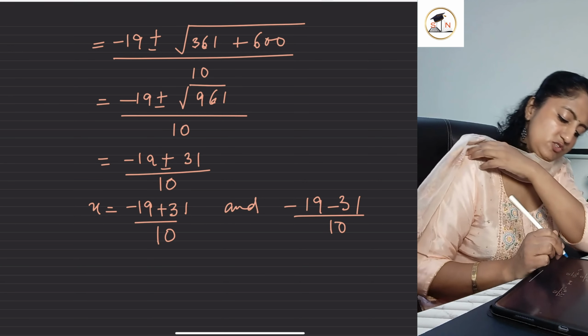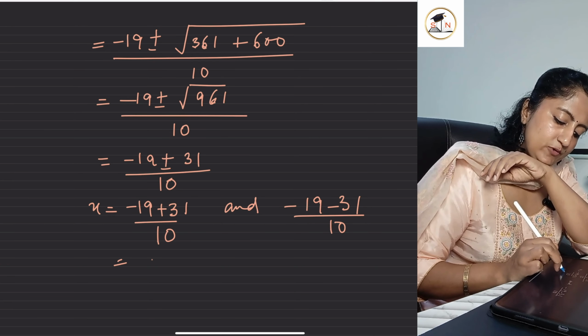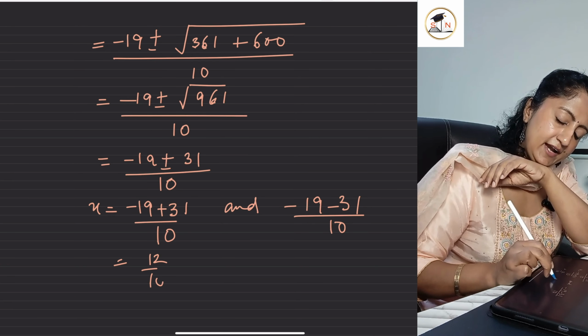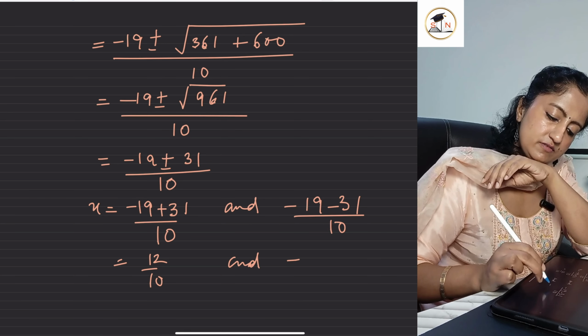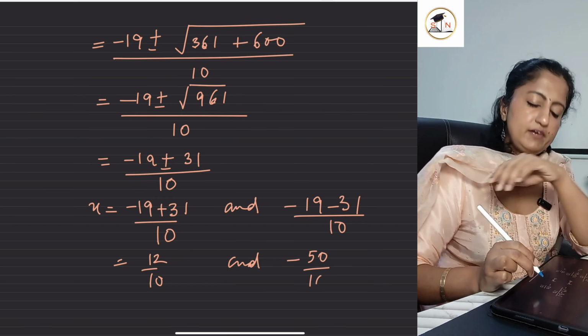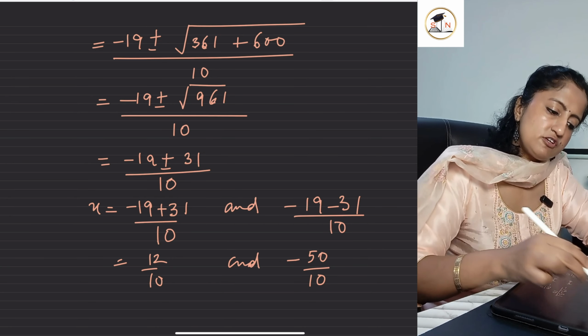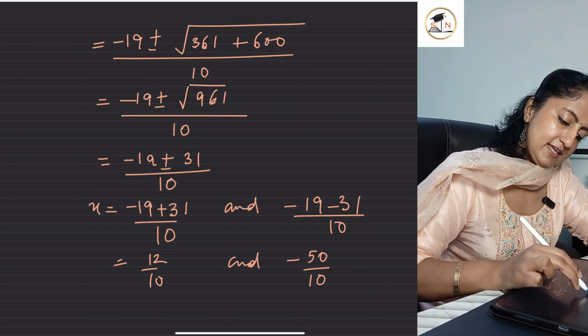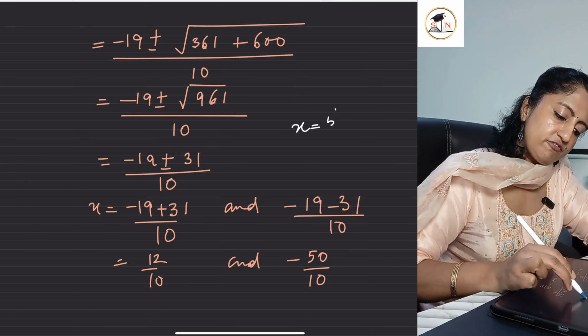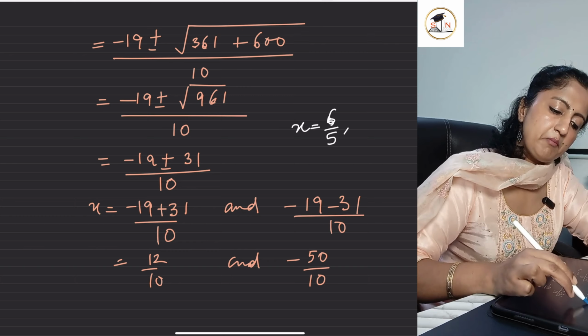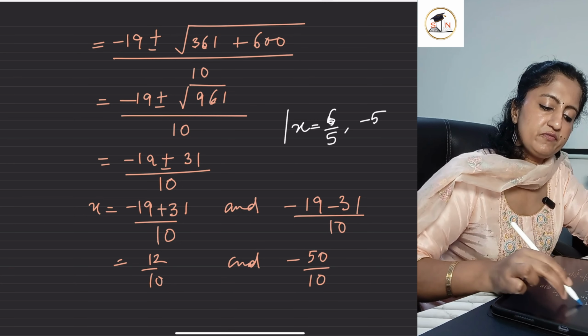Right? So what we get is 12 over 10 and what we have over here? Minus 50 over 10. Right? That means the values of x we are having is, I'm writing it over here, x equals 6 over 5 and minus 5.